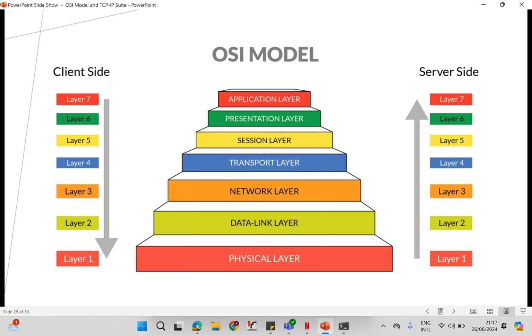He said, I learned that data at layer 3, the network layer, is called packets, but this illustration says otherwise. Or it is used interchangeably, which I doubt.